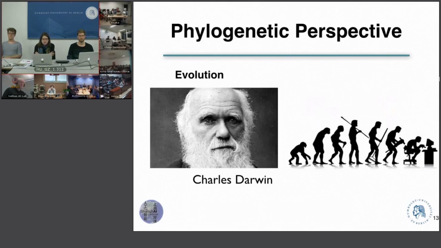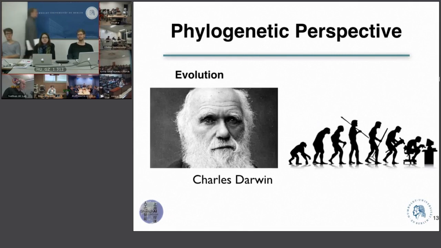And how does this work? It works by natural selection, so we have variation, we have selection, and by just these processes we can develop really interesting things. You see on this sketch here how it will continue with human evolution.